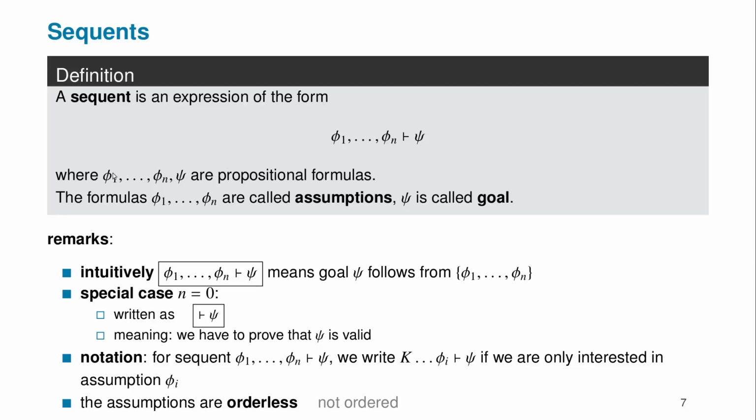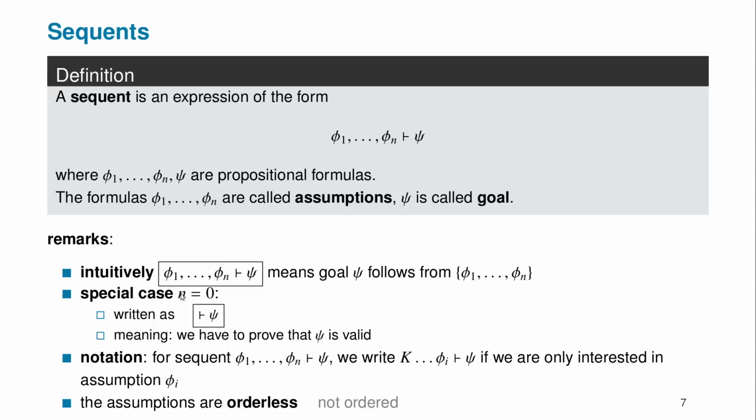All of these are propositional formulas, and the formulas on the left hand side we call assumptions, and the formula on the right hand side we call goal. And like with the entailment, which looks very similar, a sequent intuitively means that goal psi follows from assumptions phi 1 to phi n.